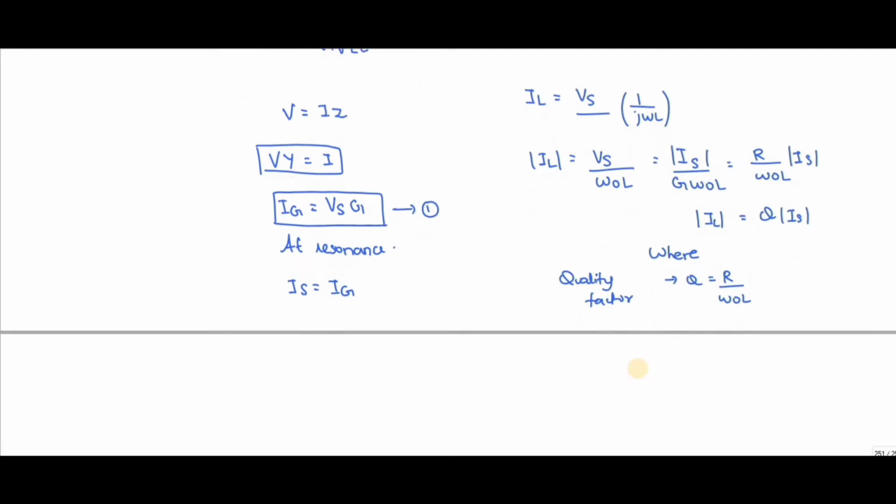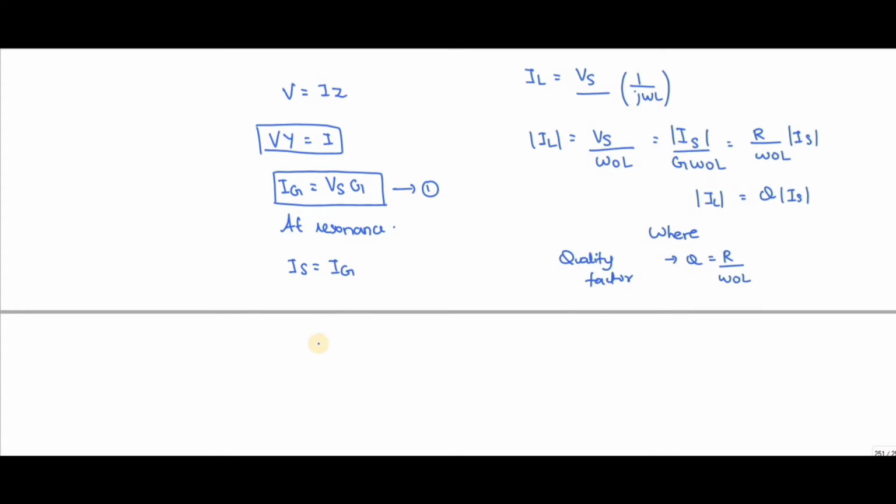In a similar way, I can write IC. IC is equal to Vs into j omega C. If I take the modulus, I can write omega naught C. And Vs I can write as Is divided by G at resonance.